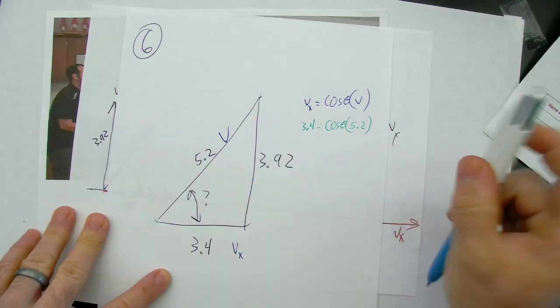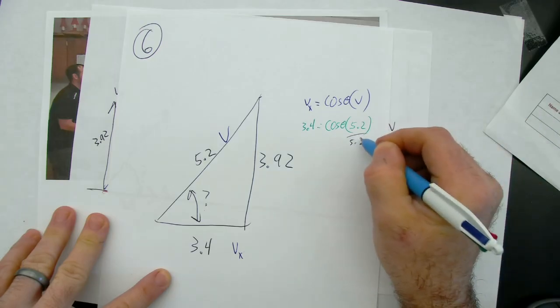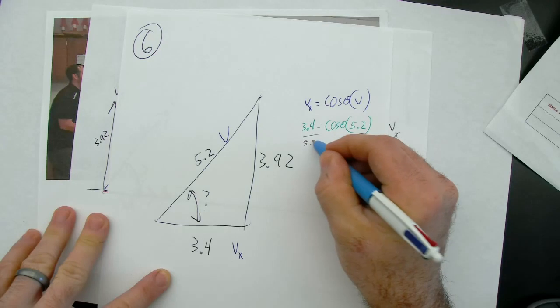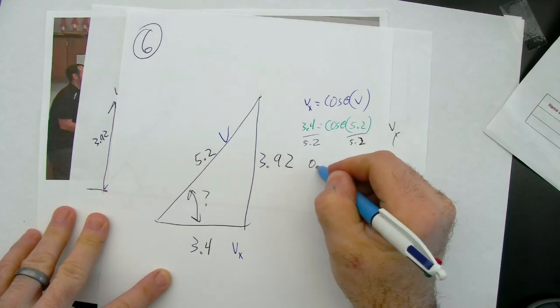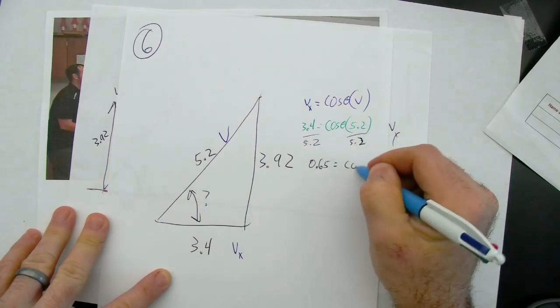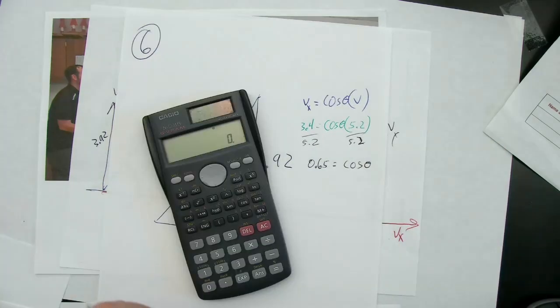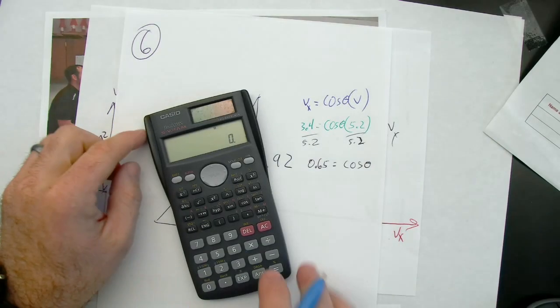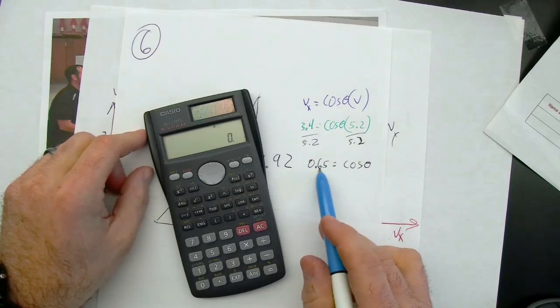So if we get cosine of theta by itself, divide by 5.2, divide by 5.2, we're going to find that 0.65 equals cosine of theta. And then I grab my calculator. This is the really common problem I see. This is not the angle.